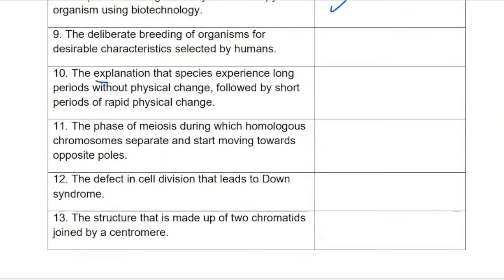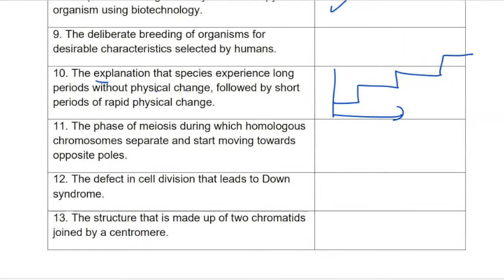The explanation of species experiencing long periods without physical change followed by short periods of change. Now, I think in your mind you have the answer. We are testing ourselves. It looks like this: long periods of no change, and then short periods of change, like ladders or steps.